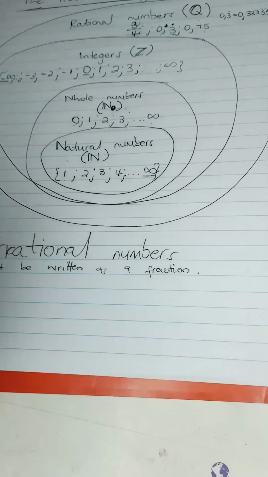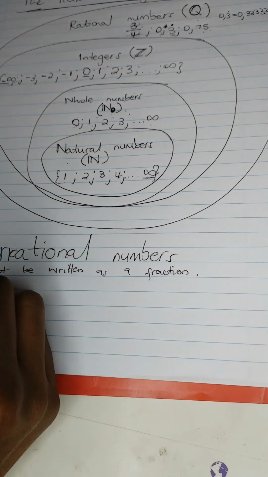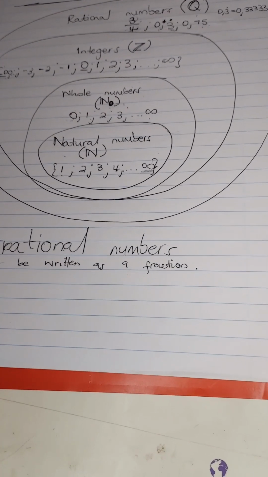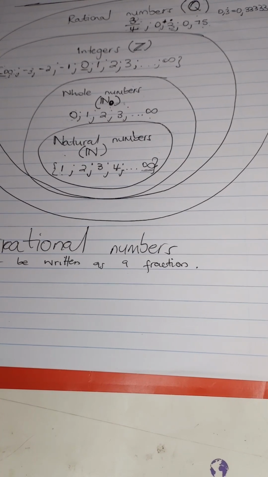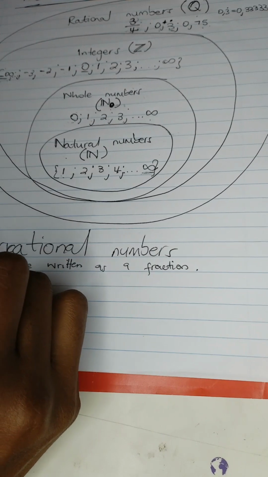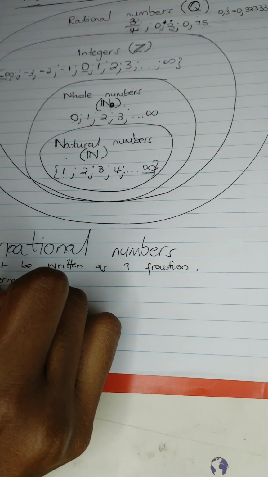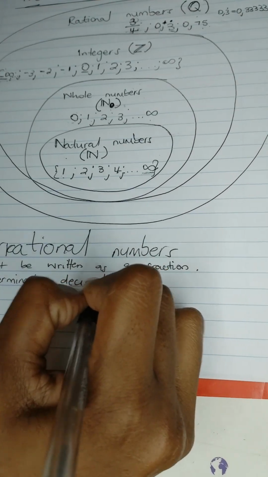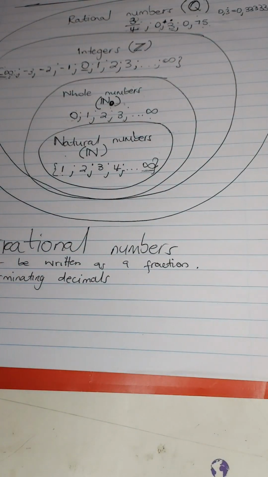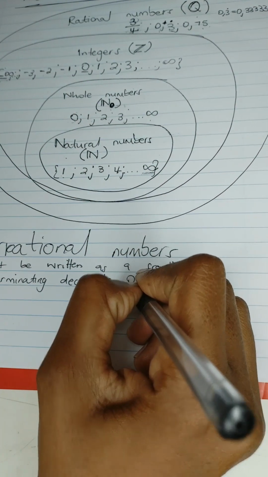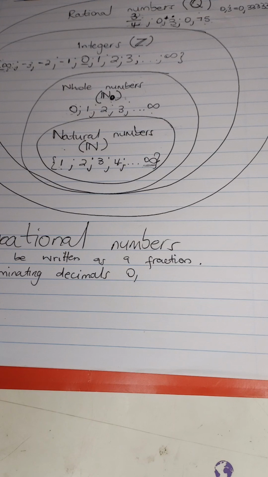Second thing is that irrational numbers have non-terminating decimals, meaning that if you have a non-terminating decimal, let me test this one.